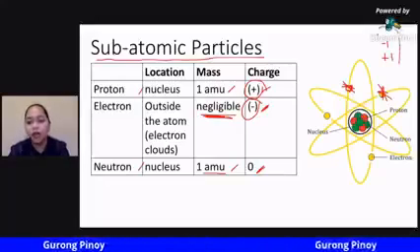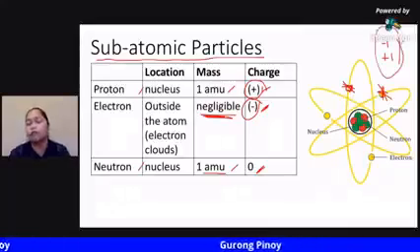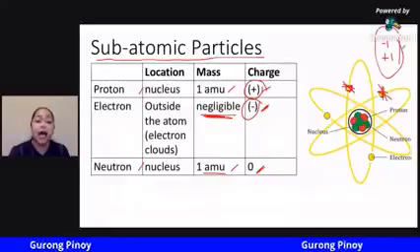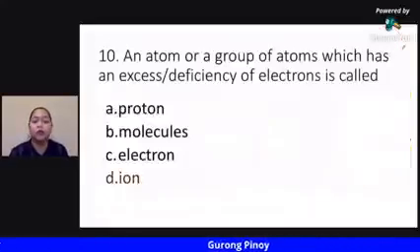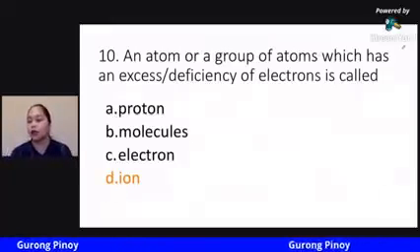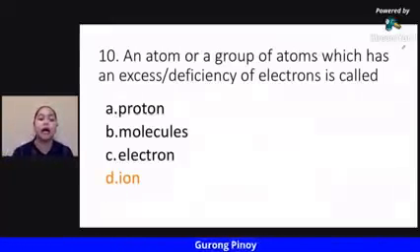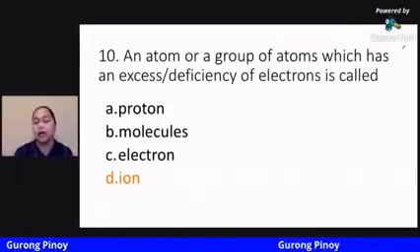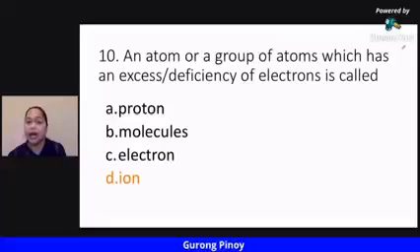And we call these atoms, those with excess or deficiency of electrons, as ions. So, your correct answer here would be letter D, ion. Okay, ion po yung tamang sagot. Ion ang mga atoms na hindi equal yung number of electrons and protons nila.